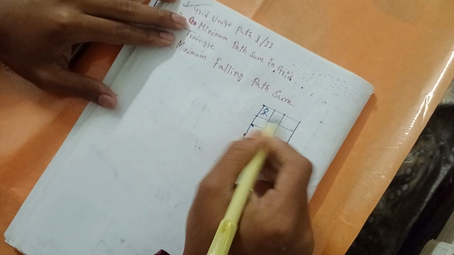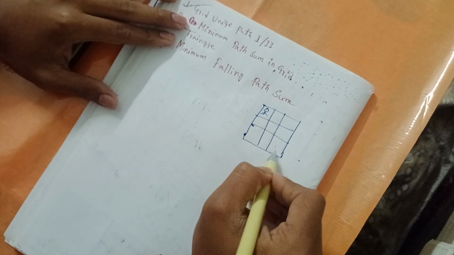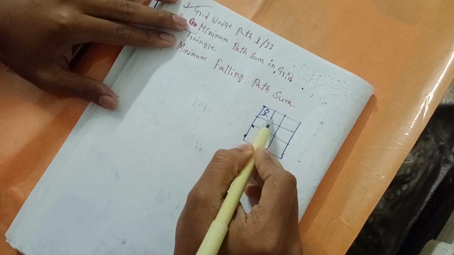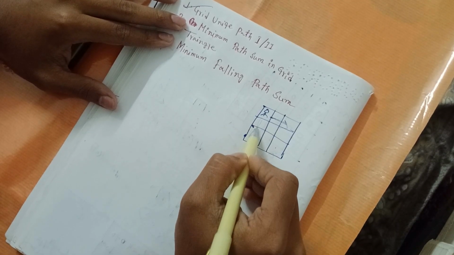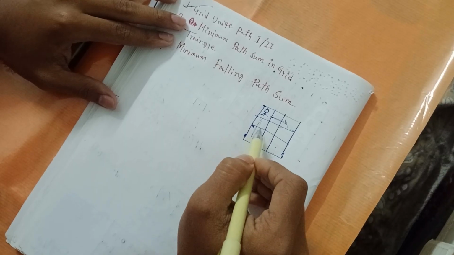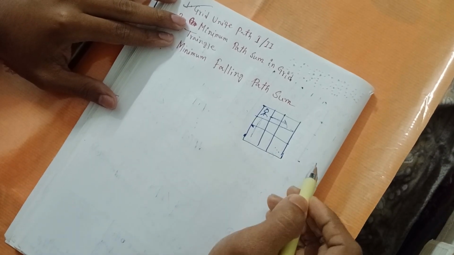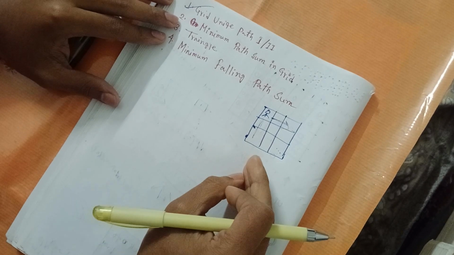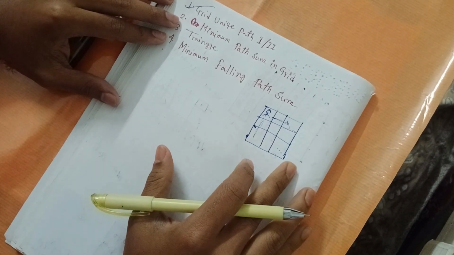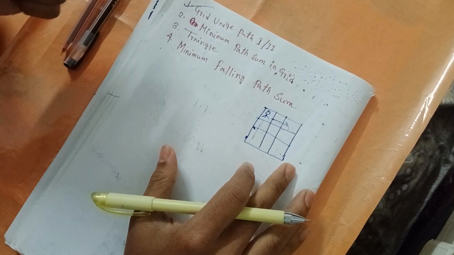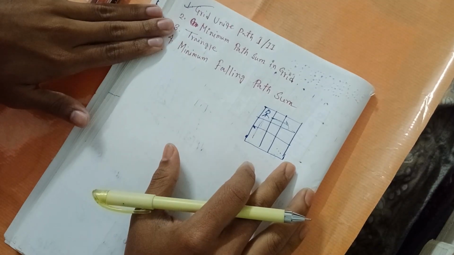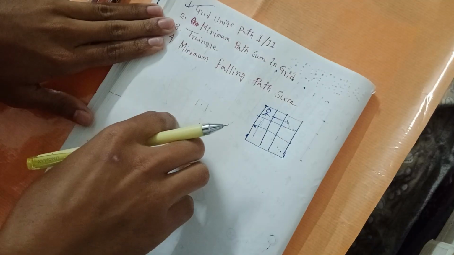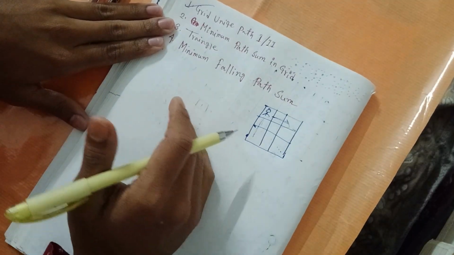So how many ways can he reach there? He has two choices: he goes right, or he goes down. How many ways can he reach there? If you do it in recursion there are multiple approaches, but the grid unique paths one problem is also possible to solve with a greedy approach. But this is the DP playlist, so I will make the video in DP.